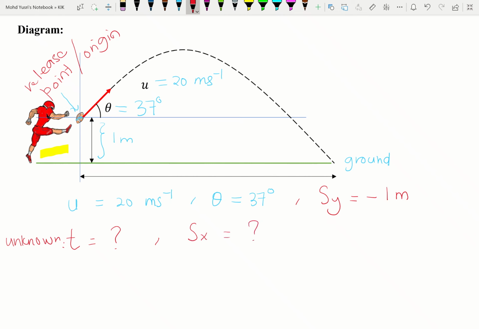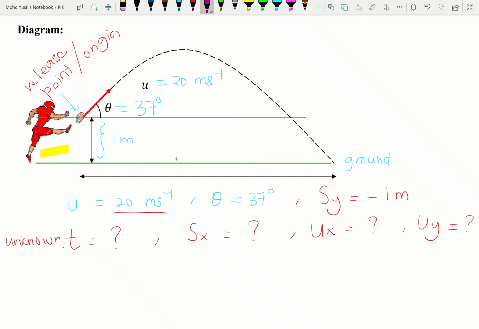And then we also don't know the value of Ux and Uy. But we can get the values of Ux and Uy by resolving the initial velocity into x component and y component.